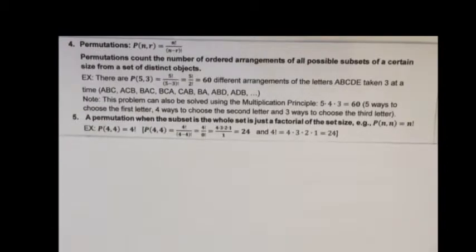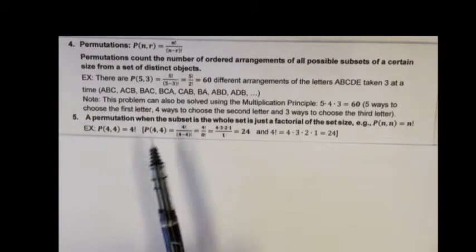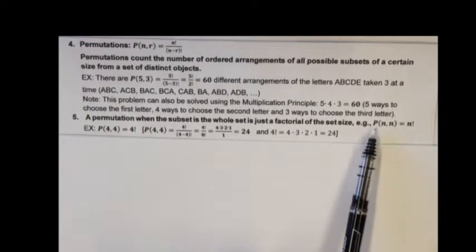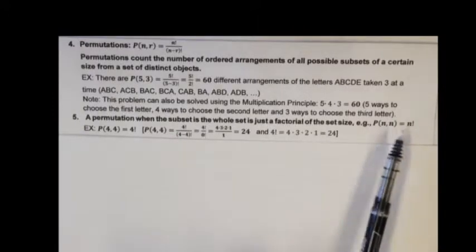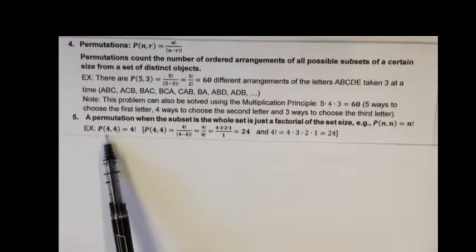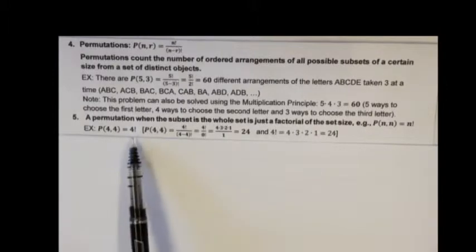Fifth thing, a permutation, when the subset is the whole set, is the same as a factorial. In other words, the permutations of n things taken n at a time is just n factorial. If you try the formula, for instance, if you just took permutation of 4 things taken 4 at a time, and compare it to 4 factorial.